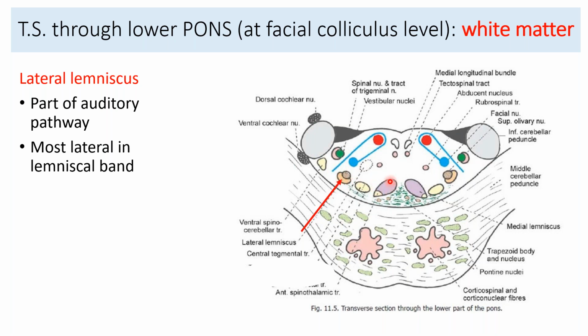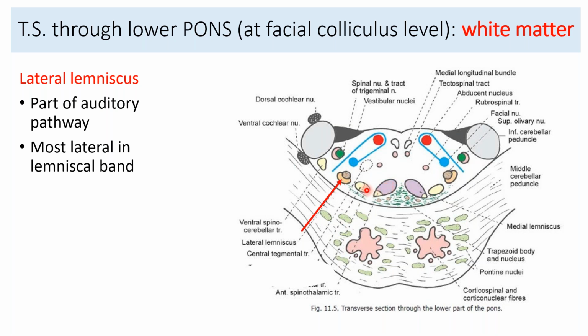Now that we revise the whole lemniscal band, this can come as a question: the lemniscal system. From medial to lateral, we have the medial lemniscus, carrying the posterior column fibers: fine touch, discrimination, conscious proprioception, and vibration sensations.